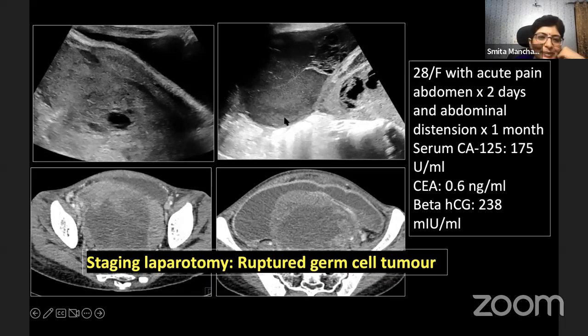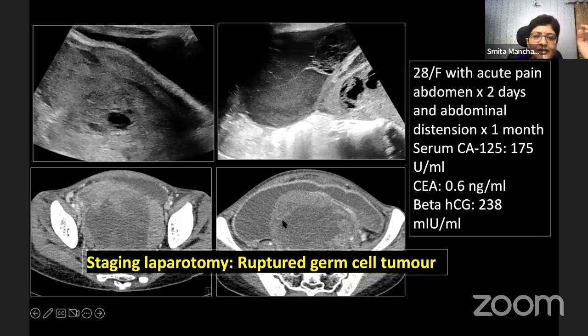I didn't press the button, but what we are seeing is that a peritonitis has happened because this is a tumor, a solid cystic mass. Now she has this extensive ascites, which again has echoes within, and diffuse peritoneal enhancement, pain abdomen.